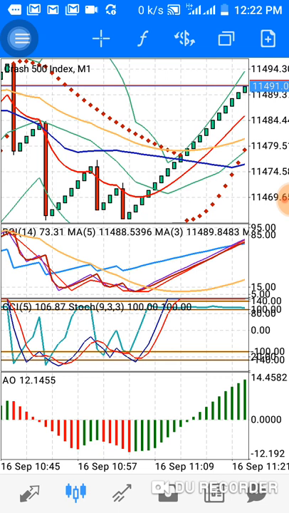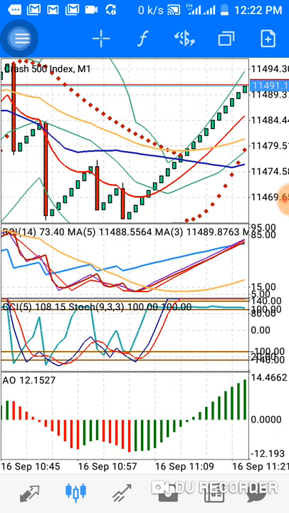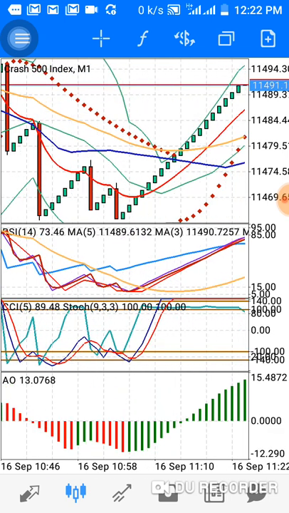Okay, here on the platform, checking the main chart, we have the Crash 500 index here, which is the 1 minute time frame. You can see the movement. It is generally a buy movement, that is an upward movement, and it goes gradually.